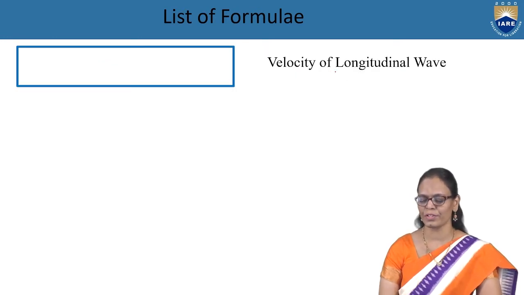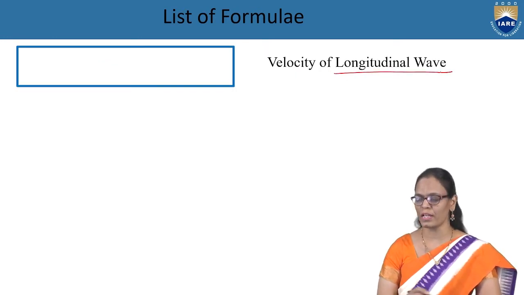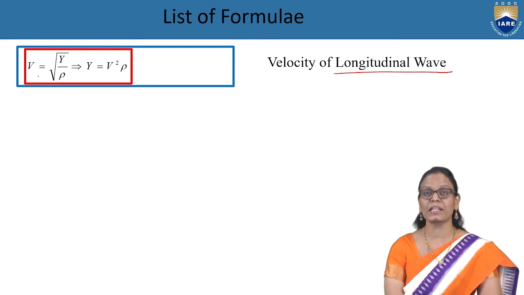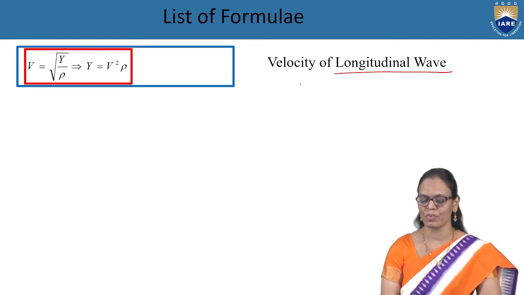Now coming to the longitudinal wave. What is the formula for calculating the velocity of a longitudinal wave? V is given by under root Y by rho. V here represents the velocity of the wave, that is the longitudinal wave we are talking about.